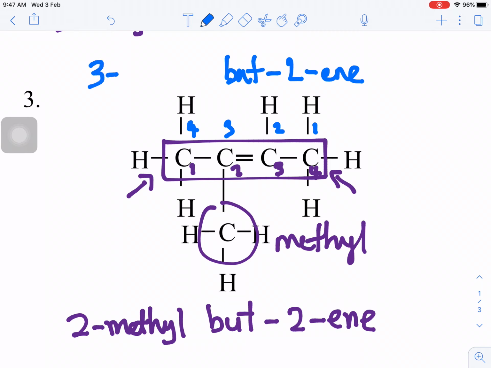So 3-methyl. If you can see, 3 plus 2 is a higher number than 2 plus 2. So this one is correct, this one is wrong.